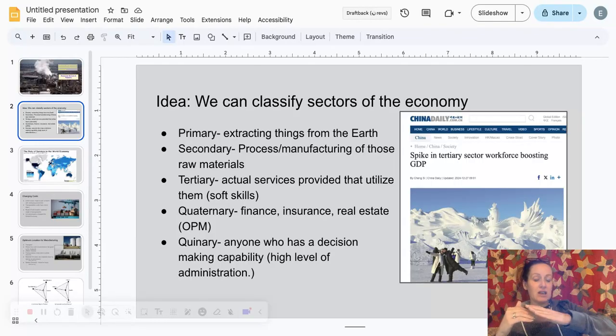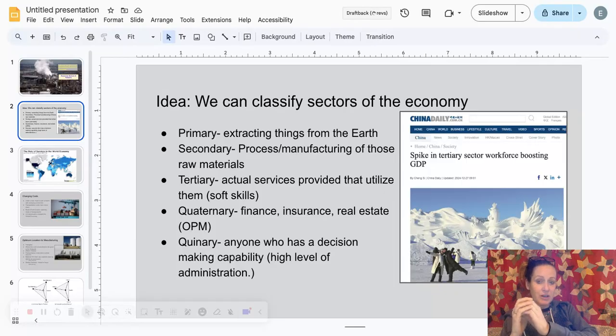Also, as countries develop, they usually move from the primary to the secondary to the tertiary. Think a lot of how this relates to what's going on globally right now, and with the economy and with the changes we're seeing being done with the new administration, right? We started off, think of Thomas Jefferson's goal as an agricultural country.